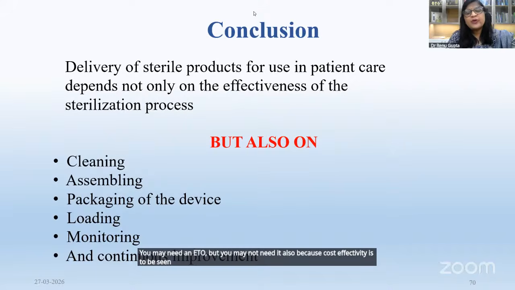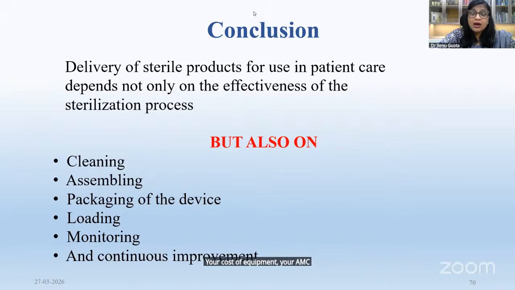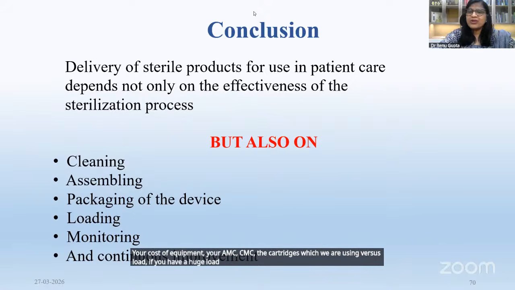It's always cheaper for us to buy a new product rather than buying an ETO. We had an ETO. Recently, we have stopped using it because the maintenance cost is very, very high: your cost of equipment, your AMC, CMC, the cartridges which we are using, versus load. If you have a huge load, go for it. Otherwise, it is not mandatory. Nothing is mandatory. Autoclave is mandatory.